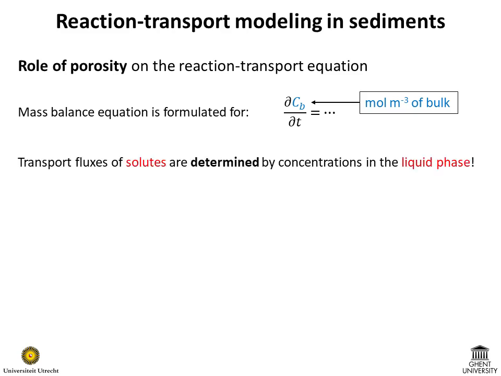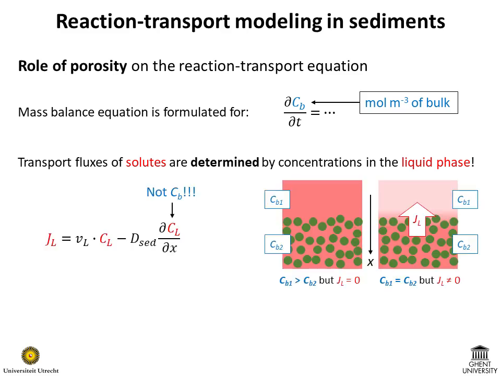However, transport fluxes of solutes are determined by the concentrations in the liquid phase. Specifically, the diffusive flux of a dissolved substance is driven by the gradient of the concentration in the liquid and not by the gradient of the bulk concentration, as illustrated in the diagram on the right.